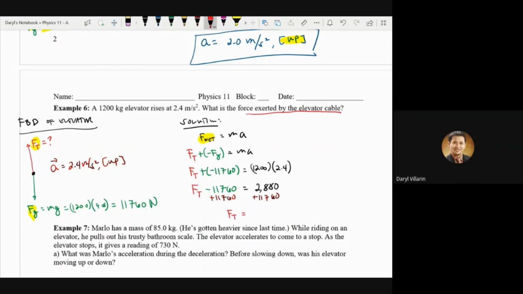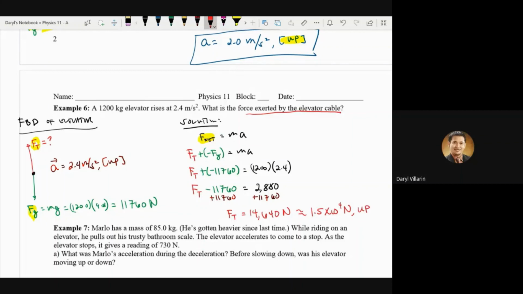Ft would be equivalent to 11,760 plus 2,880. It's around 14,640 newtons, or well, given has two significant digits, so that would be 1.5 times 10 to the power of 4 newtons.